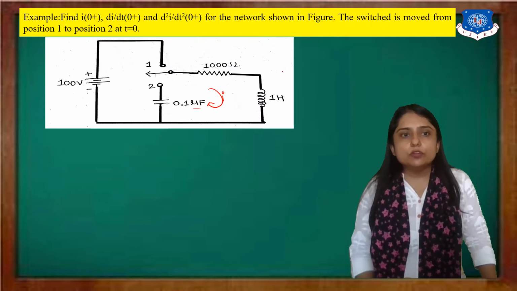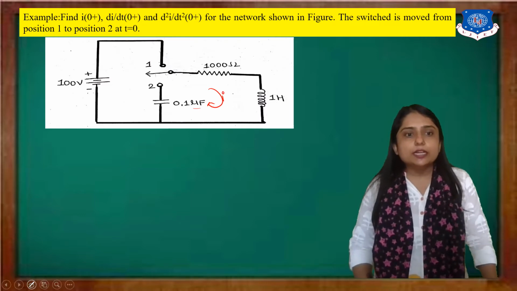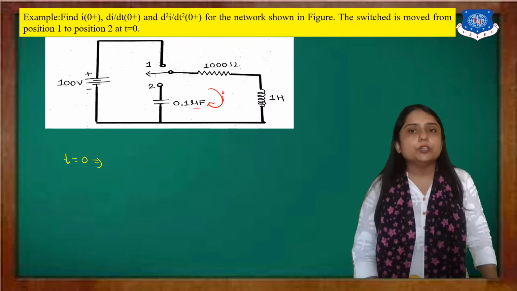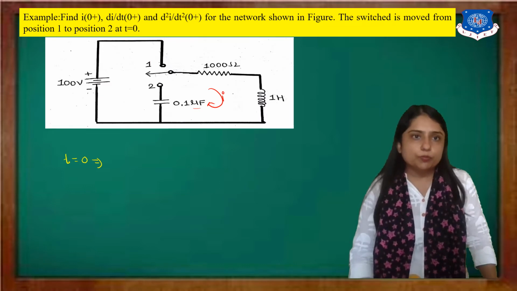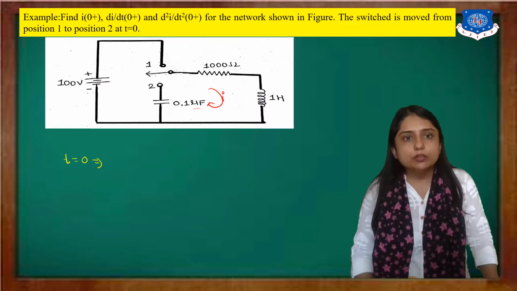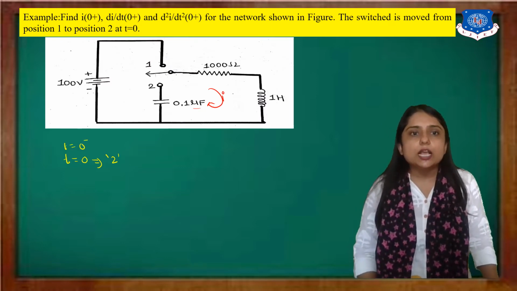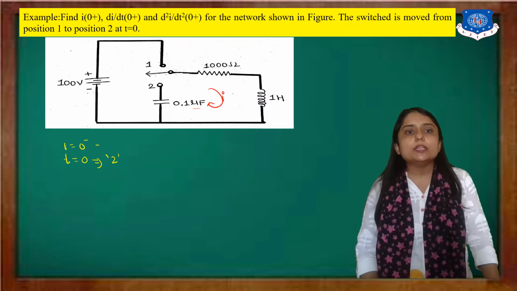First of all, we identify that at time t equal to 0, my switch is at position number 2, because the switch is moved from position 1 to position 2. So definitely before that we will represent that condition as t equal to 0 minus.